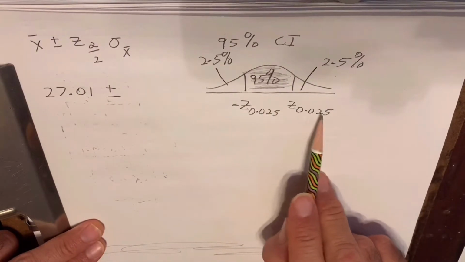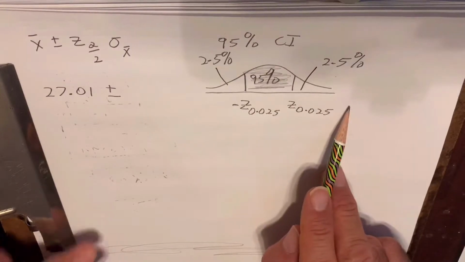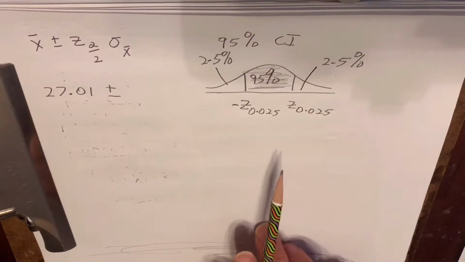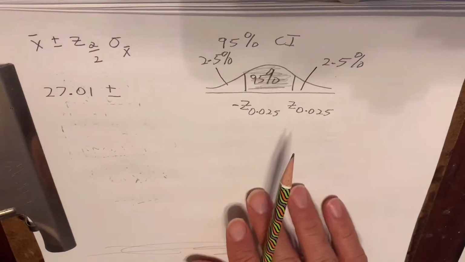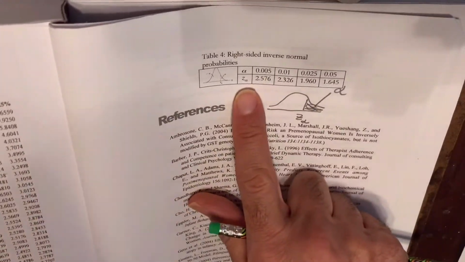Now, these are z-scores. They're also percentiles. Some books will just give it to you straight away in a table, in a z sub alpha table, just like this.